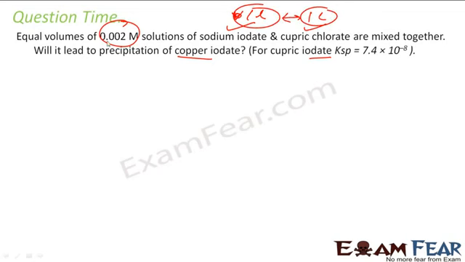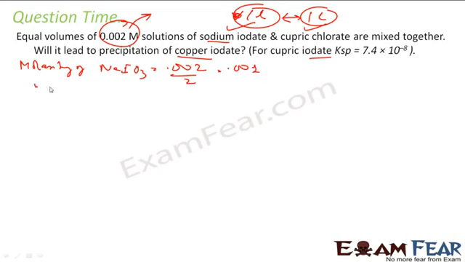Since the volume is doubled, the molar concentration will become half, because the number of moles of sodium iodate is the same but the volume is double. So the molarity of sodium iodate will be 0.002 by 2, which is 0.001.